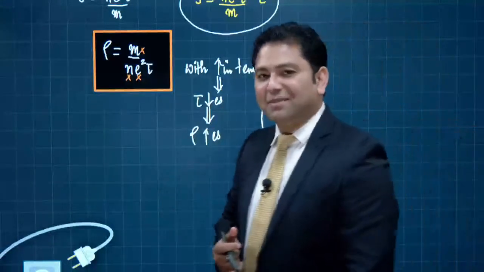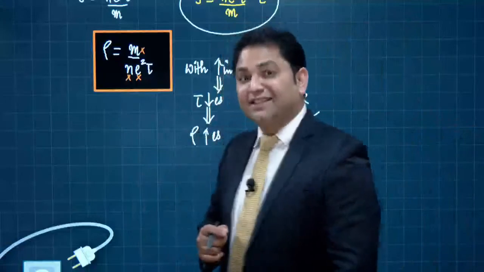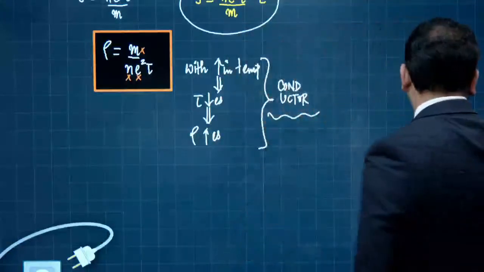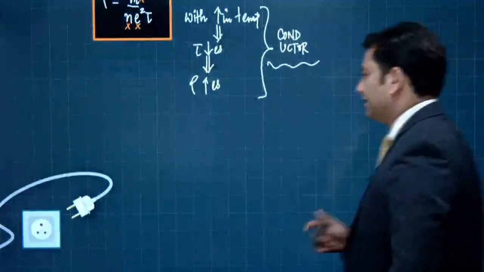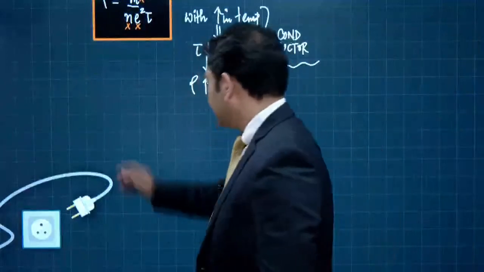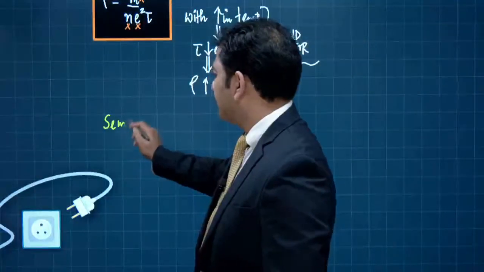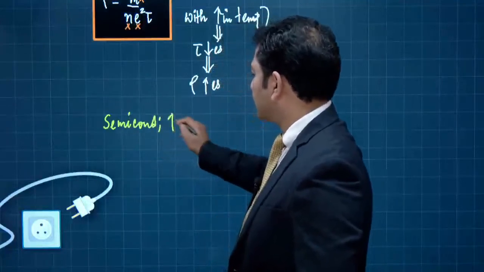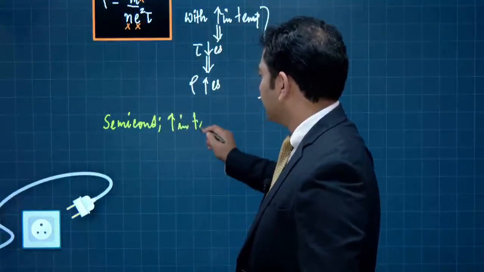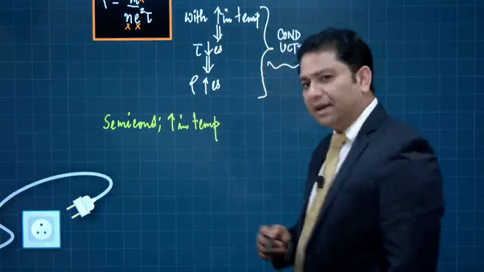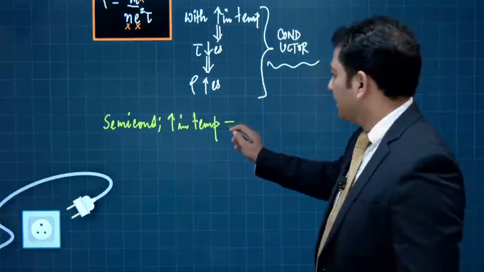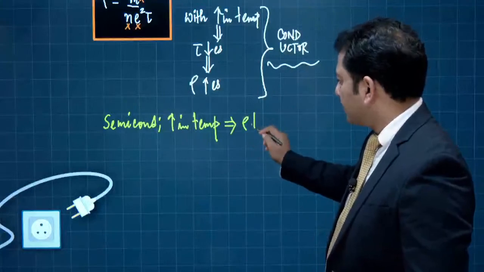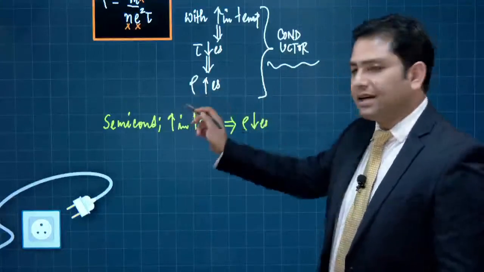Although semiconductor is not the present context here, but I'll tell you one thing. In case of semiconductor, if I have a semiconductor, with increase in temperature, then conductivity increases. This is in the case of semiconductor.